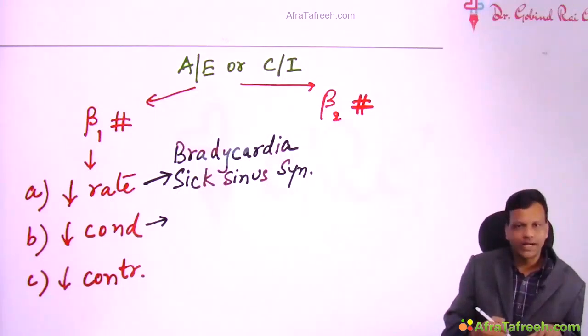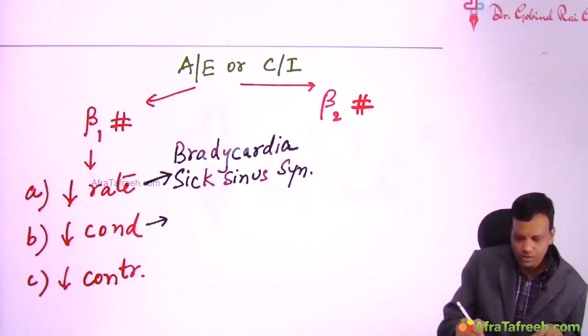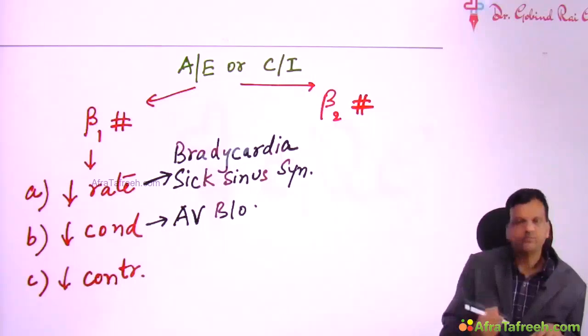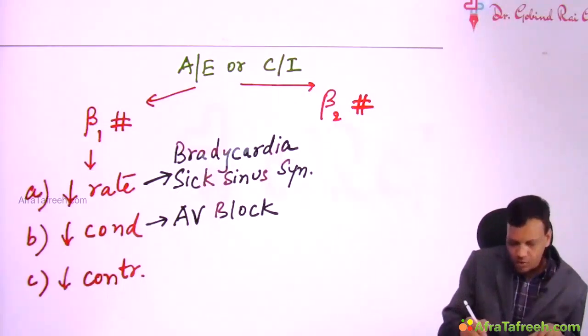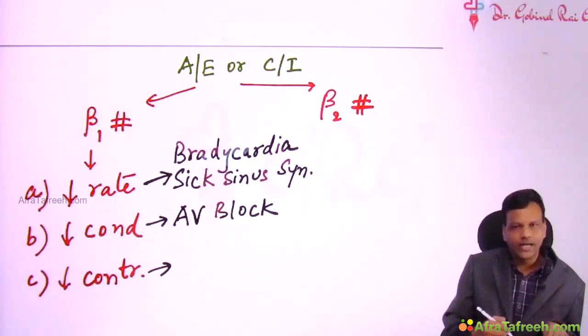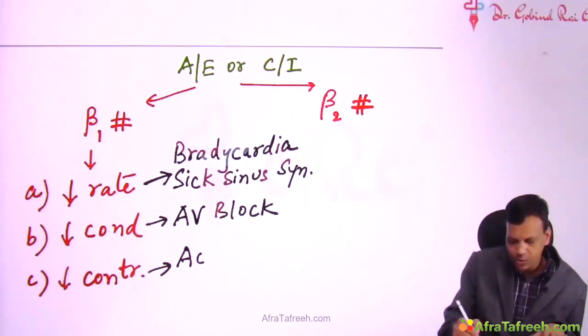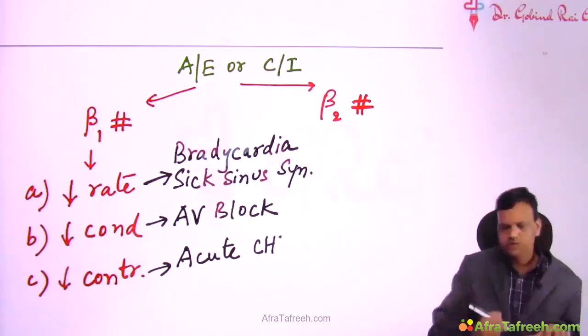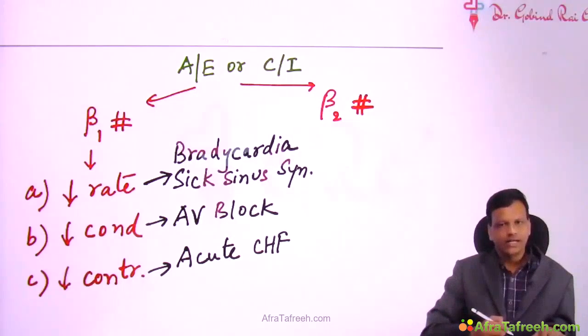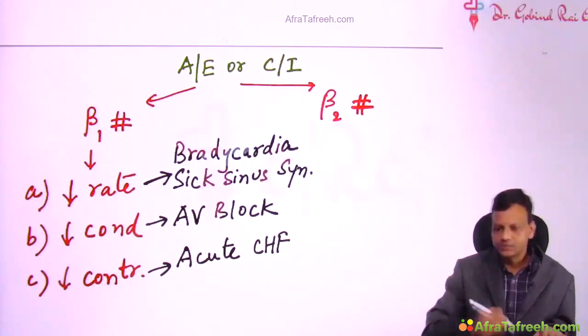So they will be contraindicated when there is already conduction block. So that means they are contraindicated in patients with AV block. They can decrease contractility. So they are contraindicated if already contractility is less, and which is the case in patients with acute CHF. So beta blockers are contraindicated in bradycardia, sick sinus syndrome, AV block, and acute CHF.